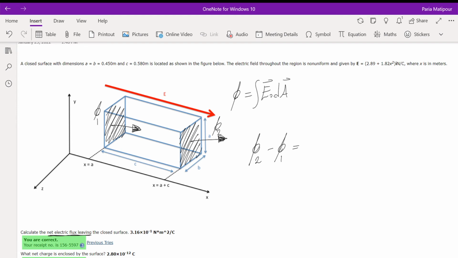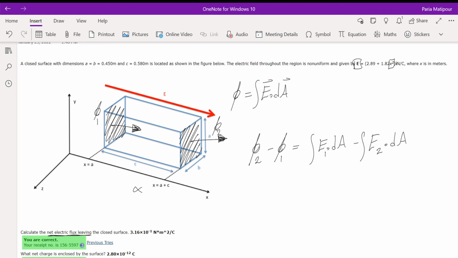In order to do that, we can say E1 dot dA minus E2 dot dA. I'm not going to put different dA's, because the areas are actually the same. And we don't need an integral here, because the electric field does not change throughout the surface; it changes along the x-axis, which doesn't interfere with the surface.